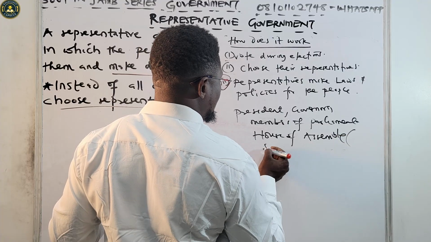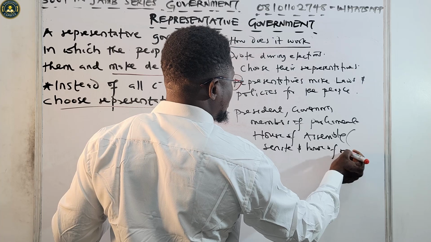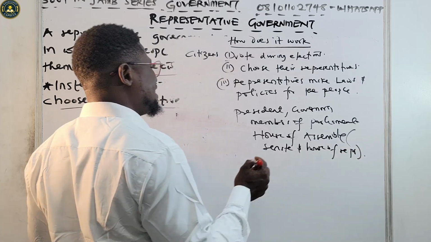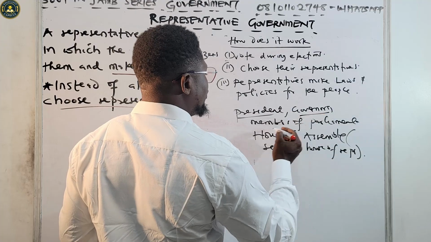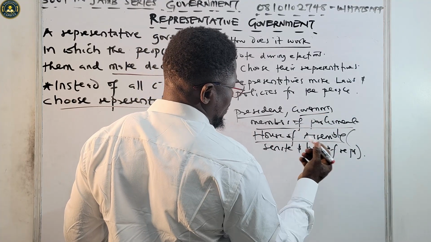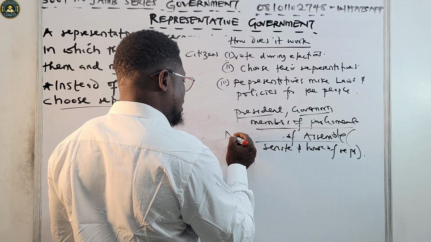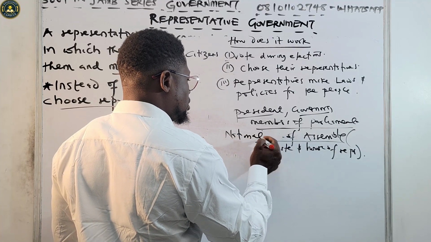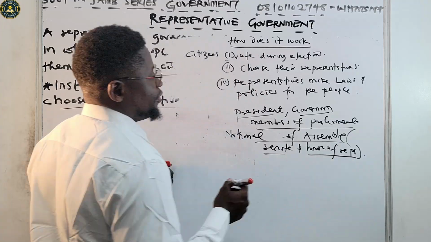Your Senate and House of Representatives are all representatives of government. Your president, your governor, members of parliament, House of Assembly, or National Assembly rather, not House, National Assembly. That is your Senate and House of Reps.